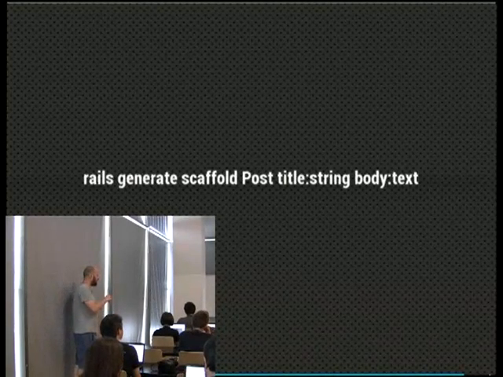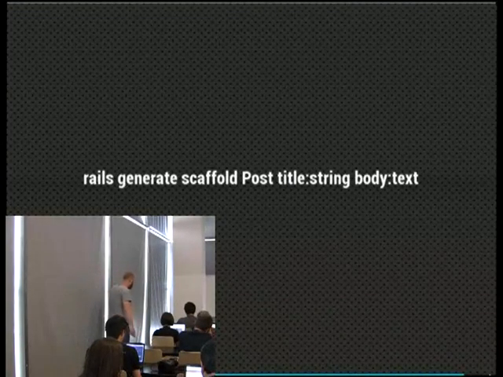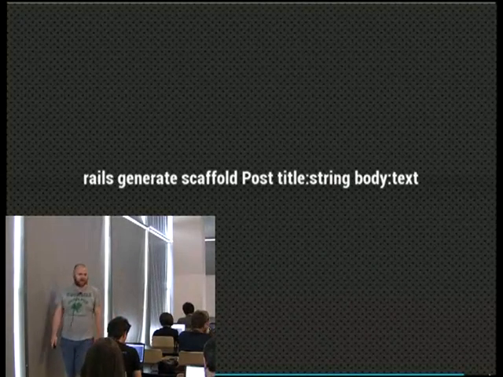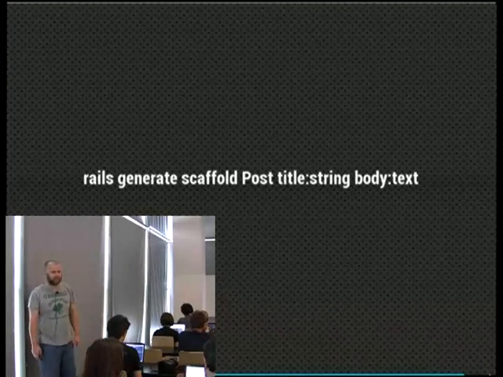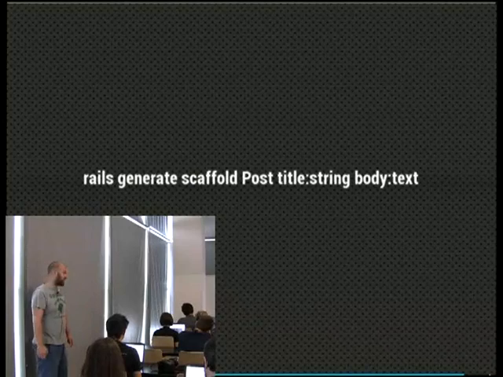So you need to run the migration, which is another nice feature of Rails. You don't really have to take care of the database yourself. Rails does that for you.